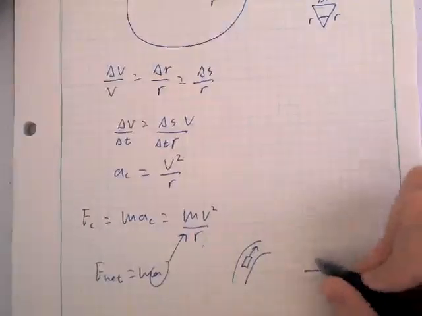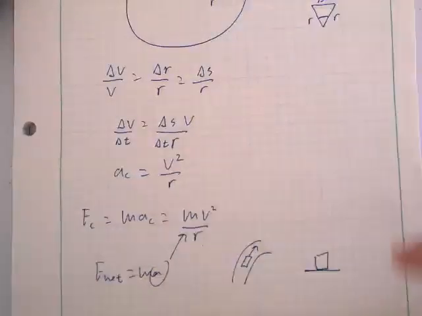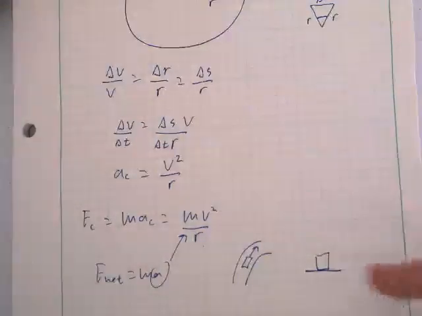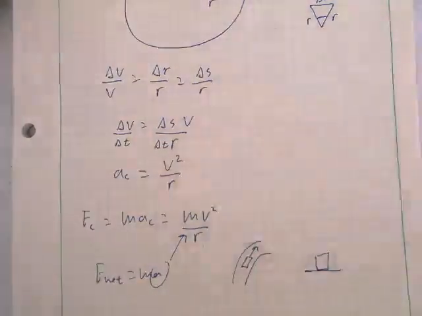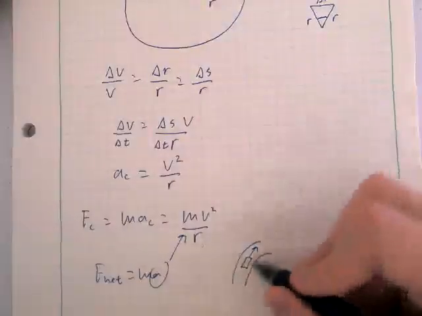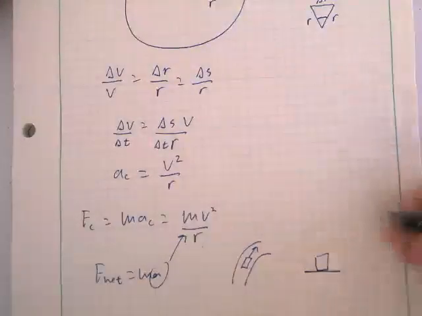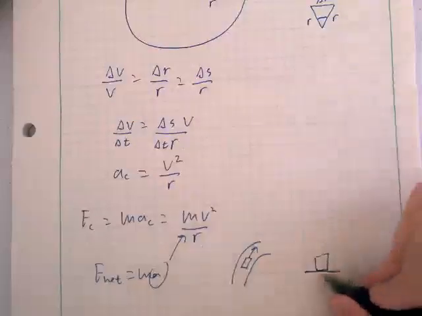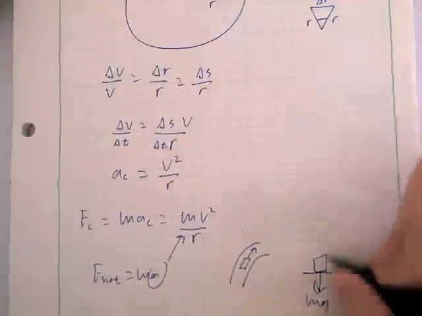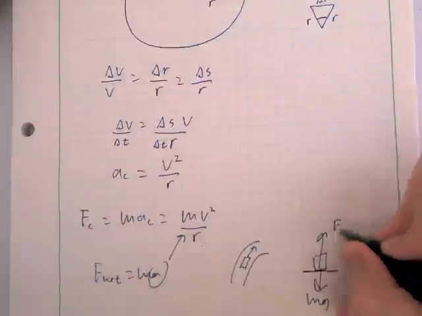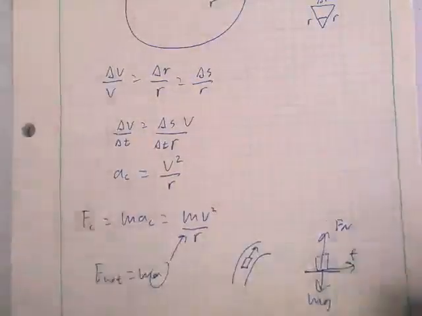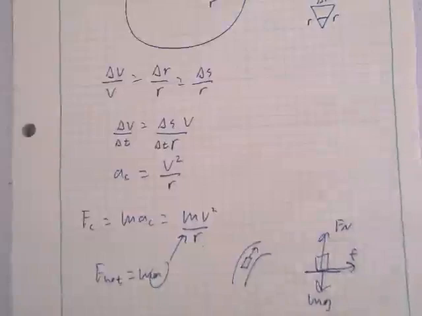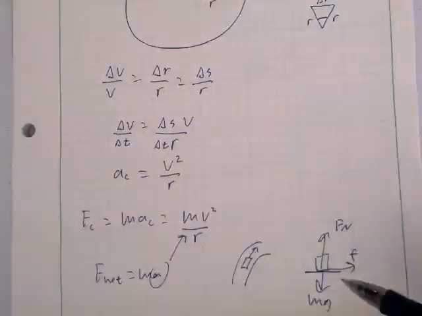The car is going into the page and turning off to the right in this direction. So this is the top-down view, this is the back view. My forces would be mg, the normal force, and friction. These are the three individual forces acting on this car, and when I do my F net equals ma, I would be able to write this.